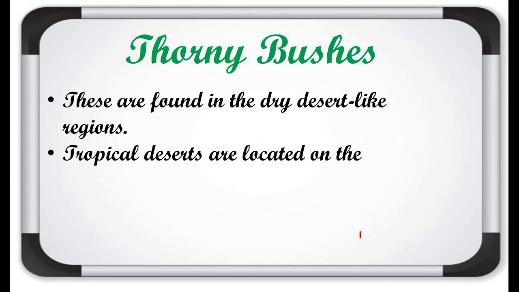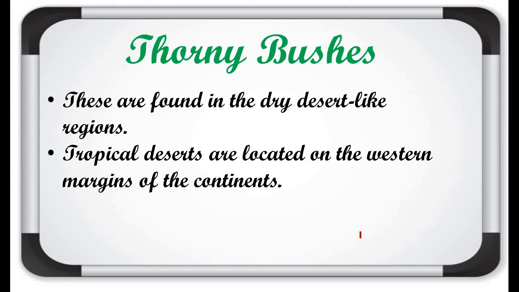Tropical deserts are located on the western margins of the continents. Yes friends, we have studied that temperate grassland is found in the central part of the continents, and on the western side of the continents, tropical deserts are found. Thorny bushes and desert vegetation are found.